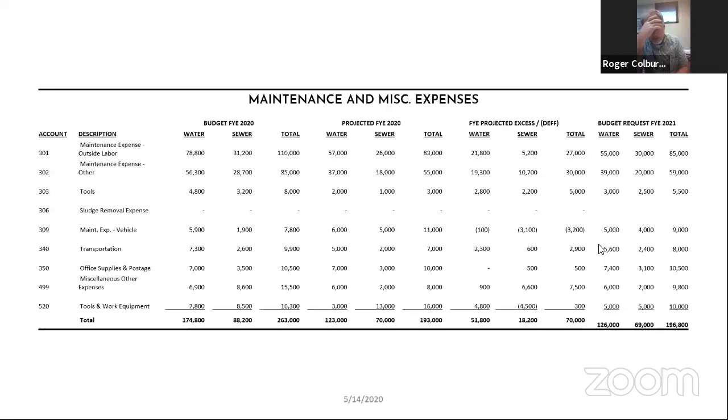So when you take a look at our requests this year, just rounding to real round numbers, we're projecting the expenditure at about 193,000, and this year's request is about 197,000. The budget that was approved this year, in line with probably the last 2 or 3 years, was 263,000. So we're trying to cut back on that, not asking for any more, and hopefully we can make that work.